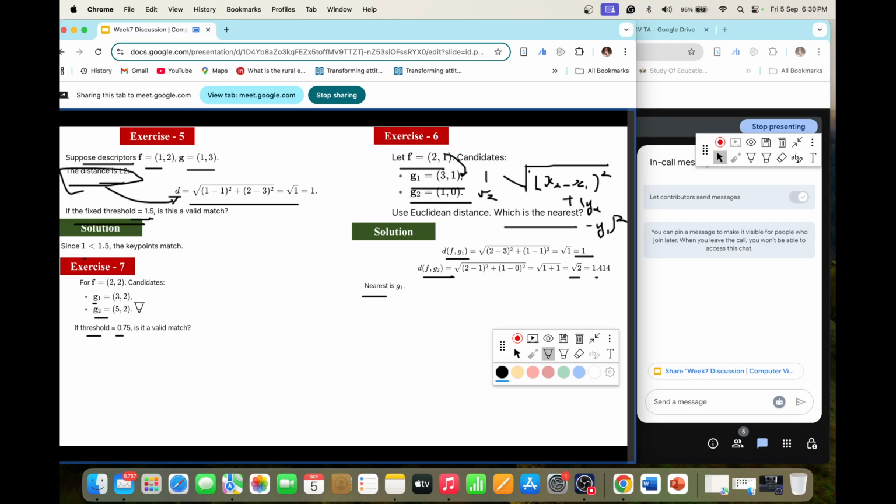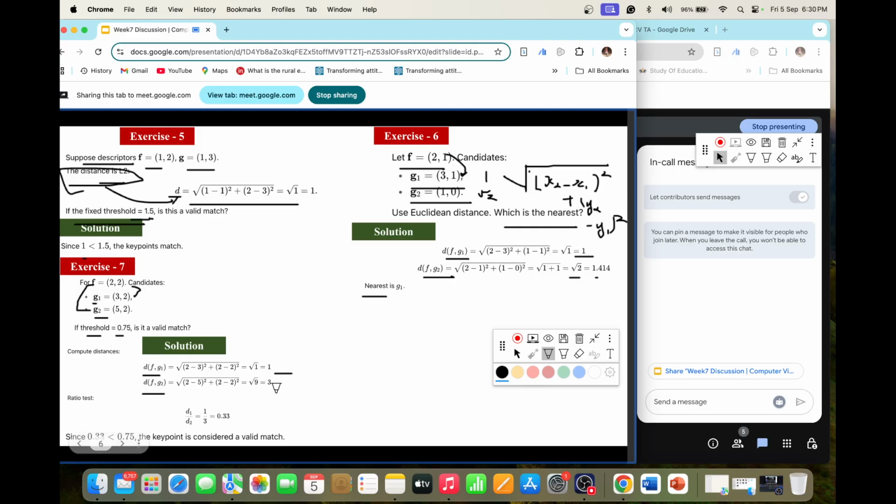If d1 by d2 is greater than the threshold, then it is not a valid match. So you find d1 and d2: the distance of f to g1 is d1 and the distance of f to g2 is d2. Then you calculate d1 by d2. So let's calculate it. d of f to g1 is coming 1, and similarly d of f to g2 is coming 3.